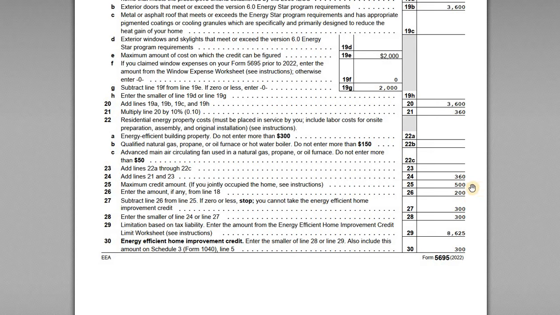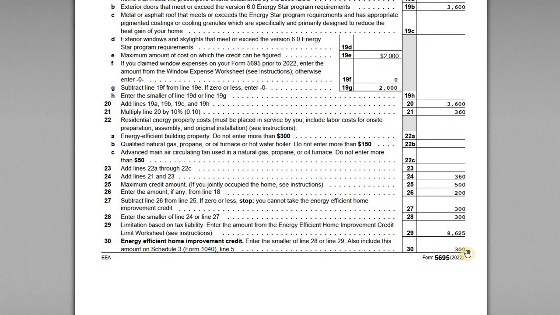So if we've got the $500 minus $200, because that's what's already been used, we have $300 left over. So $300 is left over that we can claim, and what we have here is a limit. Even though $360 is the eligible credit, we can't take more than $300 because that's all we have left.